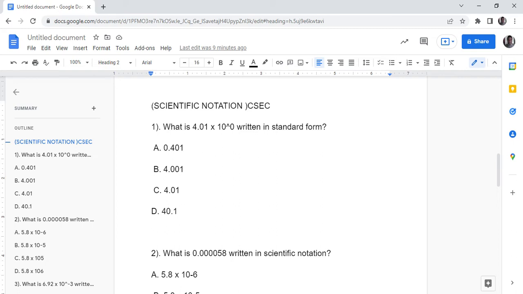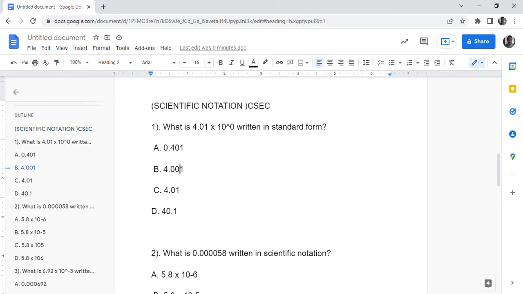So we would get back the same answer, 4.01, which is C. You can also insert it in your calculator: 4.01 times 10 to the power of 0, and you will obtain the answer of 4.01.